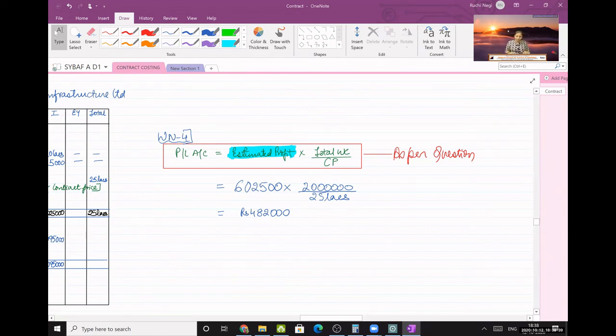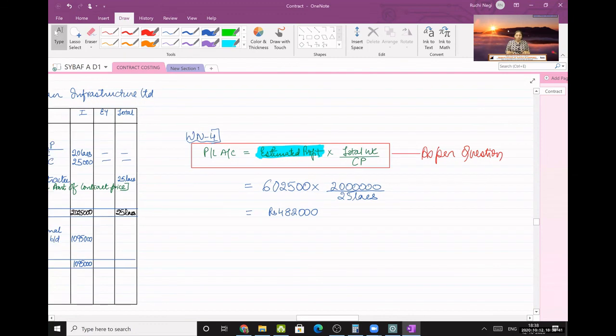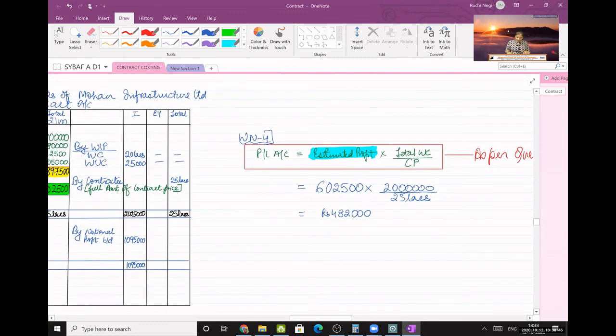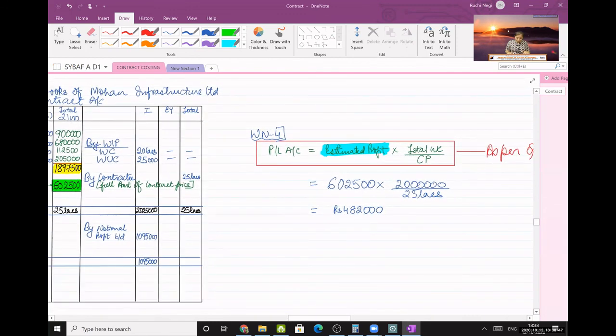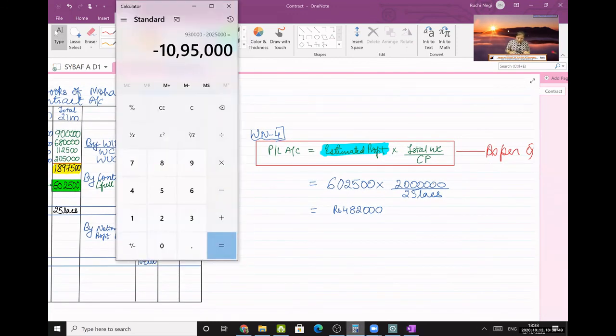So P&L account is equal to estimated profit into total work certified upon contract price. How much is my estimated profit? 6,02,500 multiplied by 20 divided by 25. You can cancel the zeros, right? Shortcut.